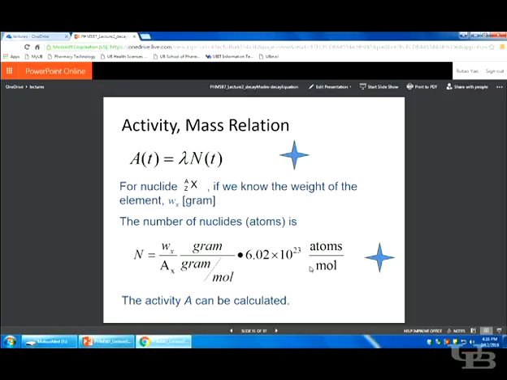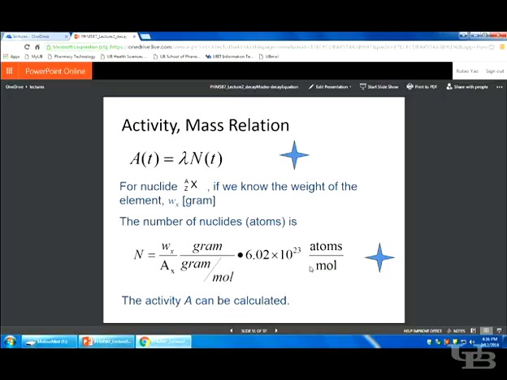So with the equations, you will have some homework doing some exercises. Just solve the equation given the activity at time 0, and given the half-life or decay constant, you will calculate the activity at a later time or prior time.